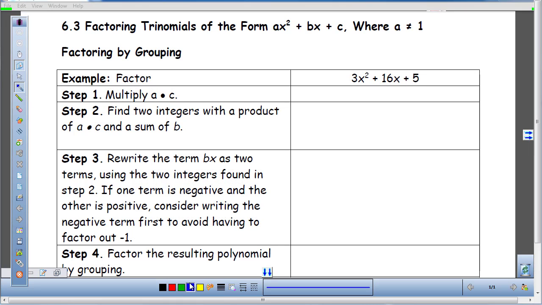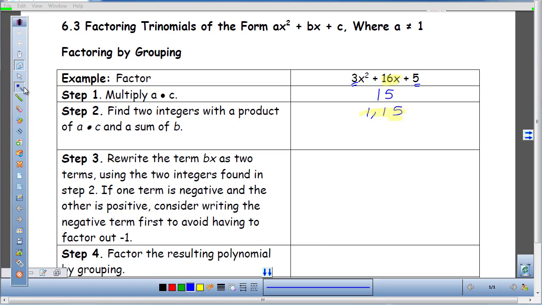We want to factor 3x squared plus 16x plus 5. So I'm going to look at the leading coefficient and the constant and multiply them. We get 15. Then I'm looking at factors of 15 that add up to 16. They would be 1 and 15. So I rewrite 16x using these numbers.